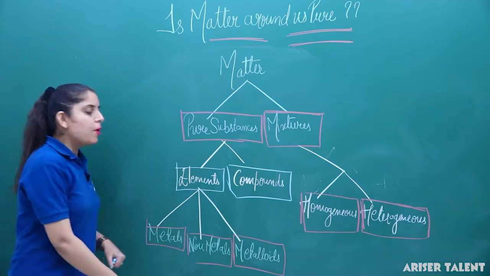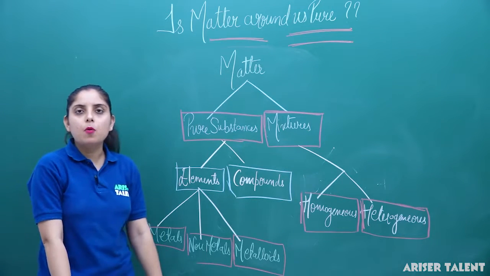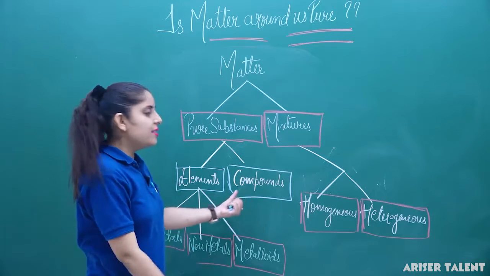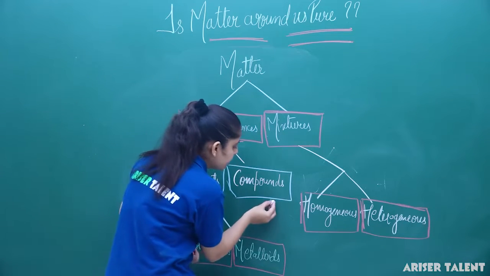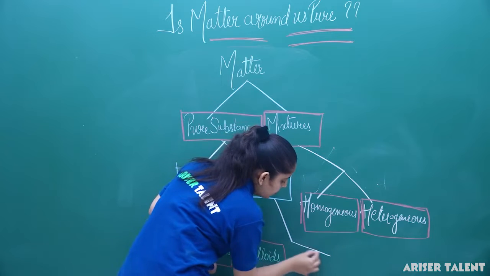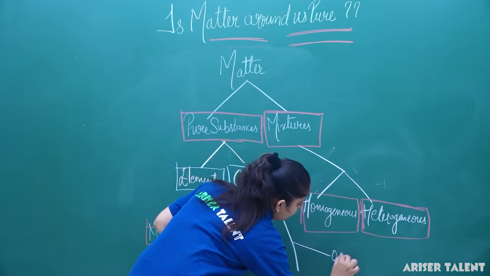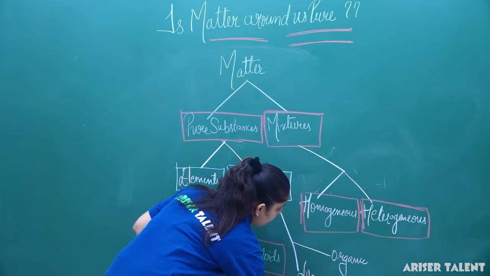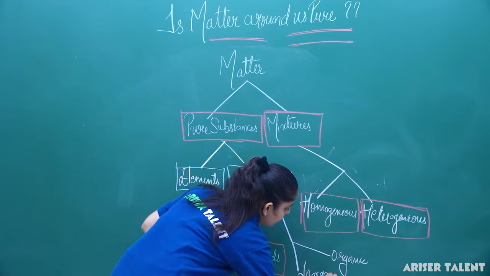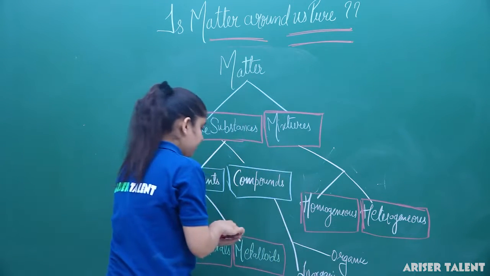If we are talking about compounds, again in compounds we have two categories, that is the organic compounds and the inorganic ones. So this will be organic compounds and inorganic compounds.